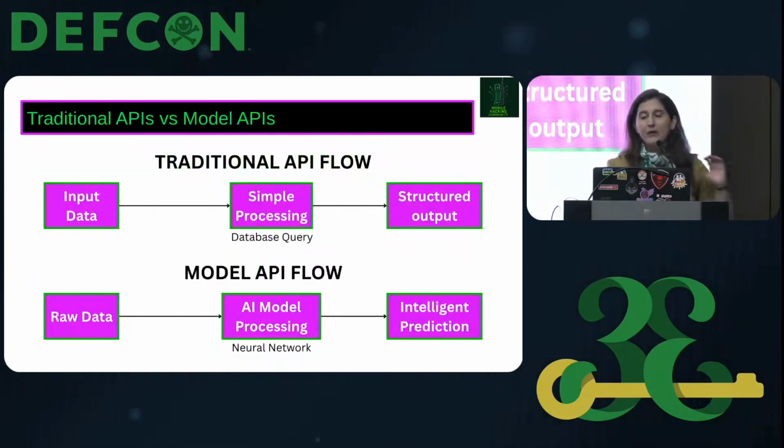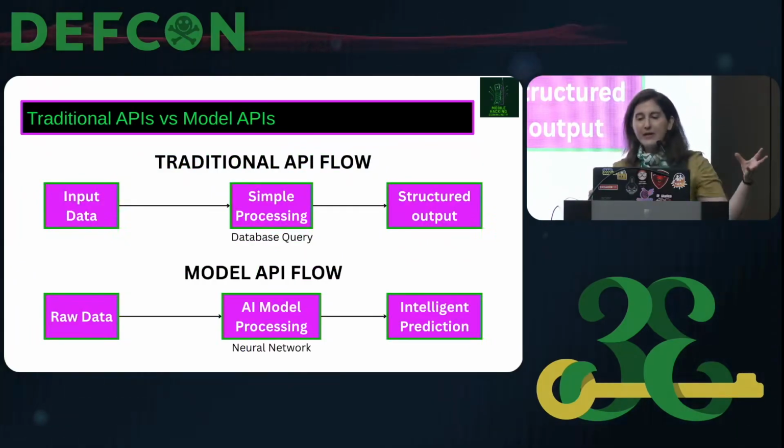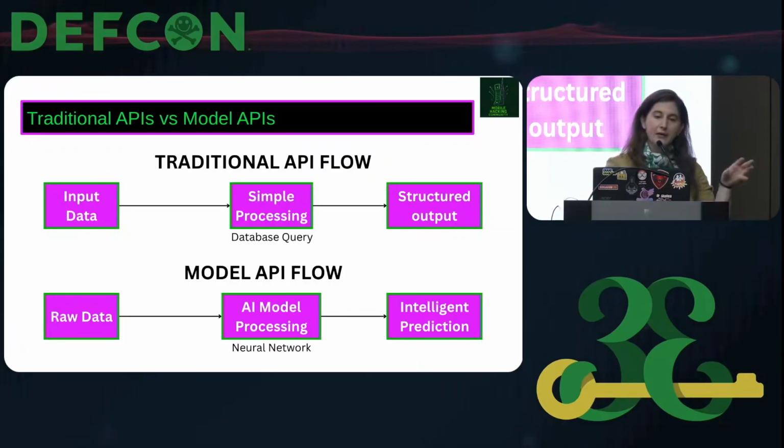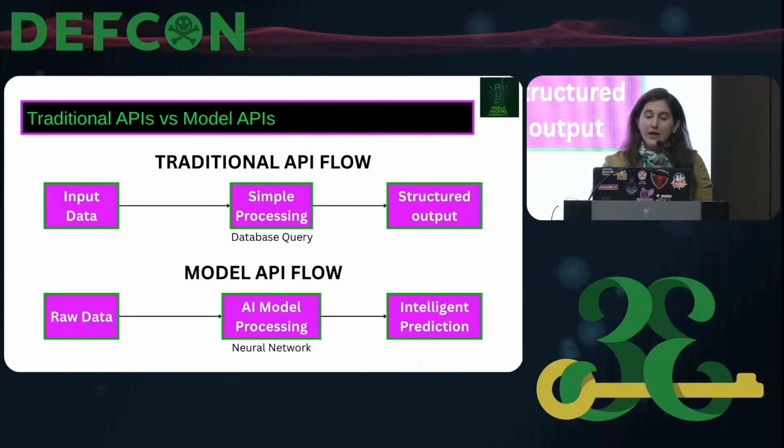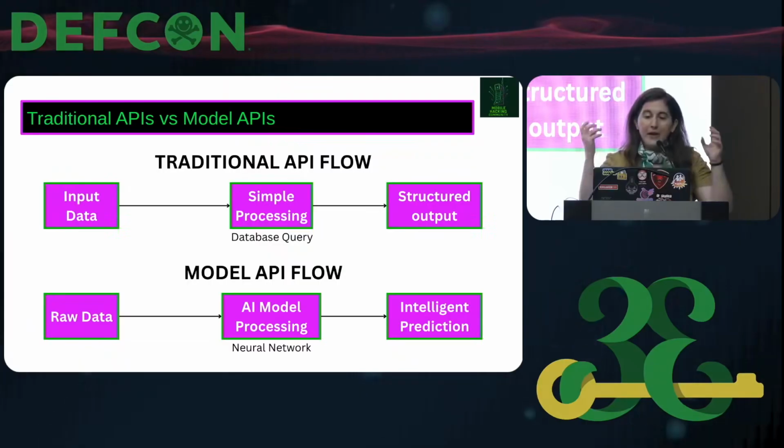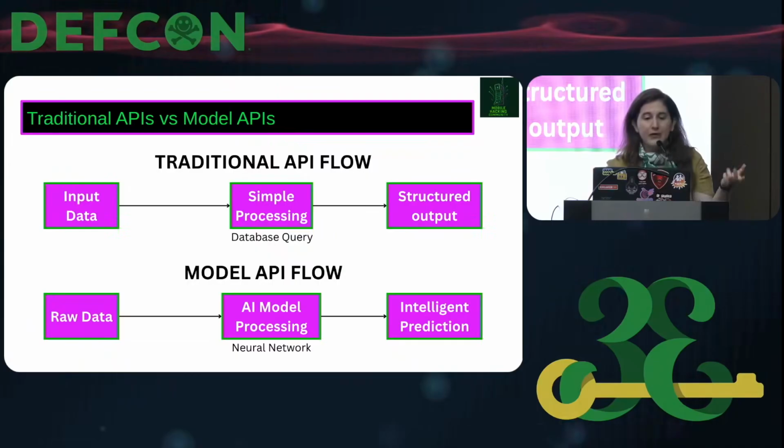Now that we have seen how AI impacts APIs, let's see the difference between traditional APIs and model APIs that handle the AI functionality. First, let's talk about what they're actually designed to do. Traditional APIs are pretty straightforward. They handle basic operations like pulling data from a database, processing a payment, or managing user accounts.